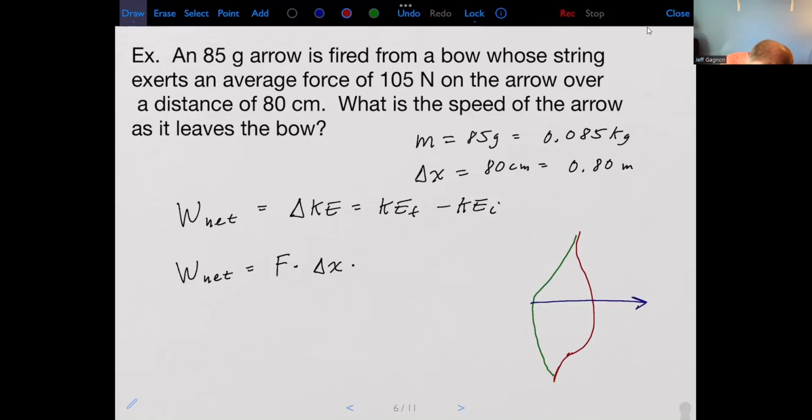The force is applied right at this point to the arrow, and it undergoes a displacement in the same direction. The force is to the right and the displacement is to the right, so the angle is 0 degrees, and cosine of 0 is just 1. So it'll be 105 times 0.8 times 1, which is 84 joules.